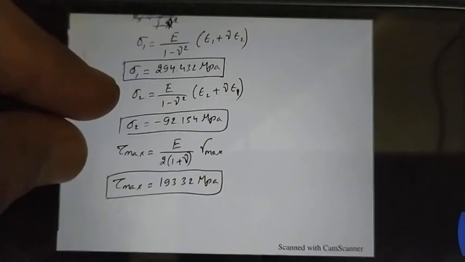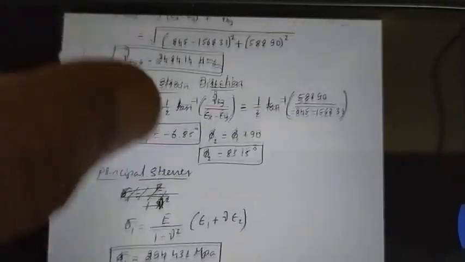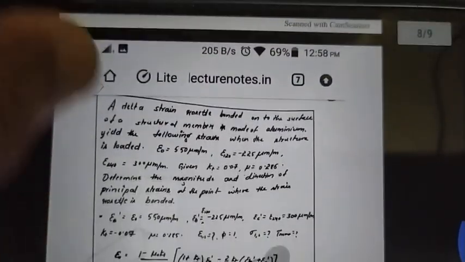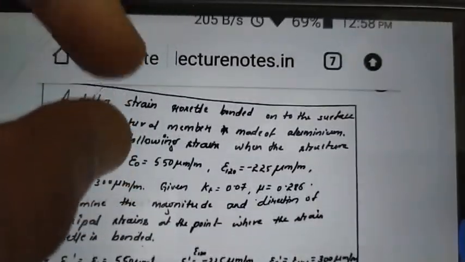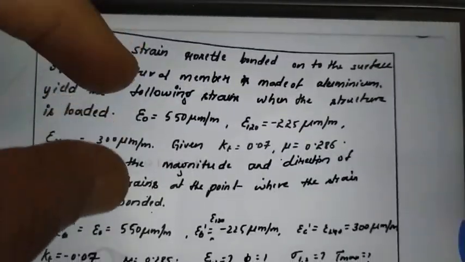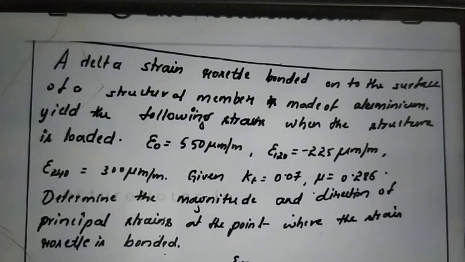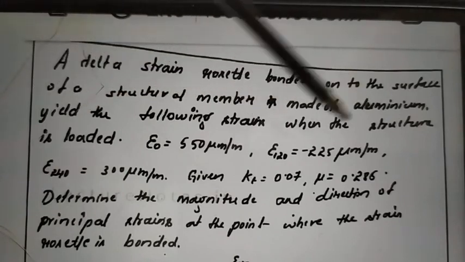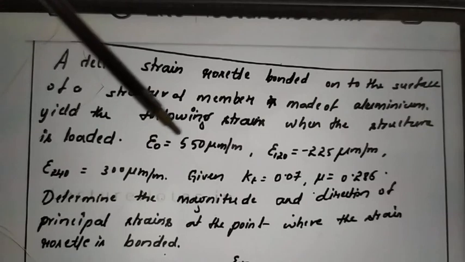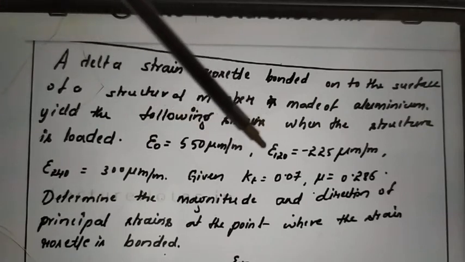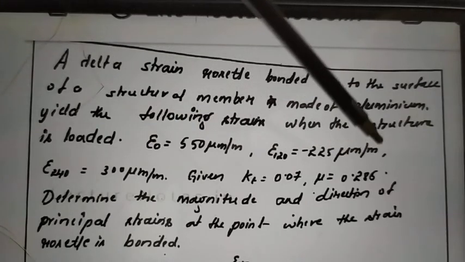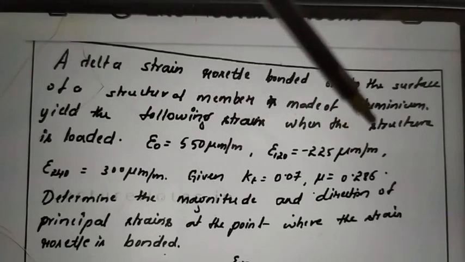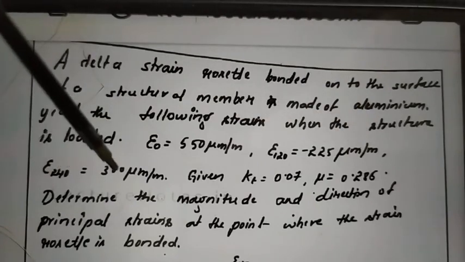Okay, so these are the delta Rosette problems, and there is one more problem I am giving as an assignment for you. There is nothing different here. In this, the delta strain Rosette is bonded on the surface of a structural member made of aluminum, and yields the following strains when the structure is loaded: epsilon naught 550 microns, epsilon 120 is minus 225 microns, and epsilon 240 is 300 microns.